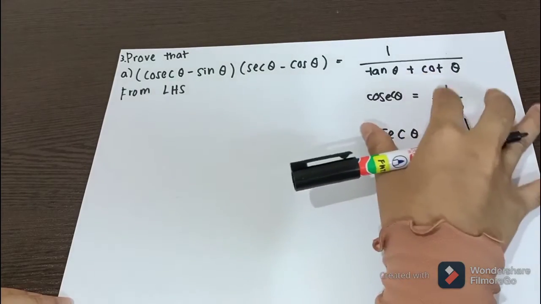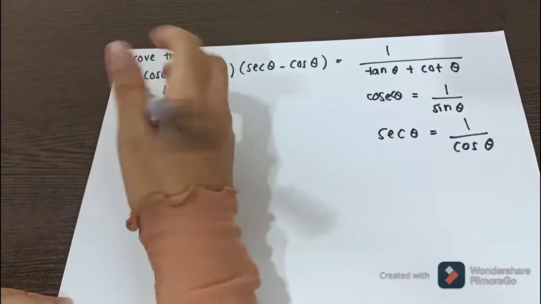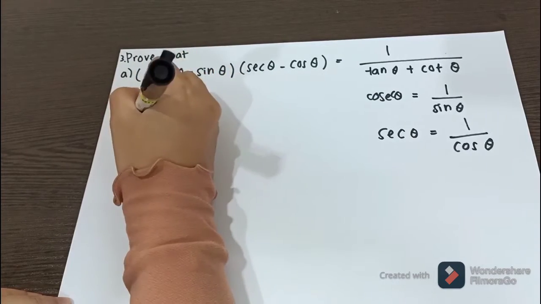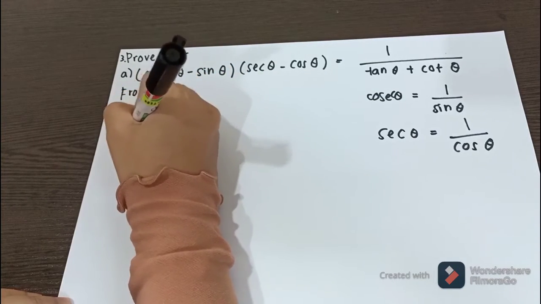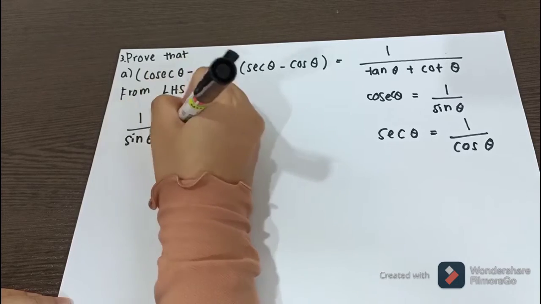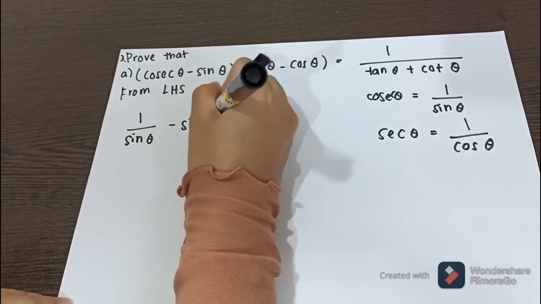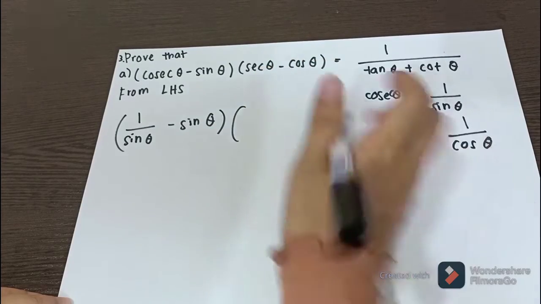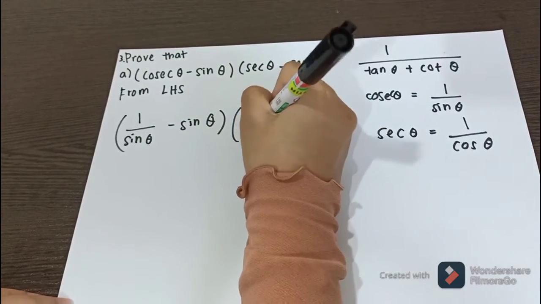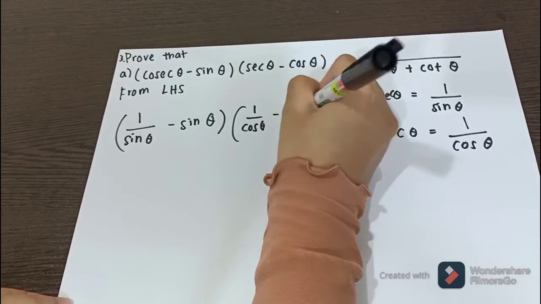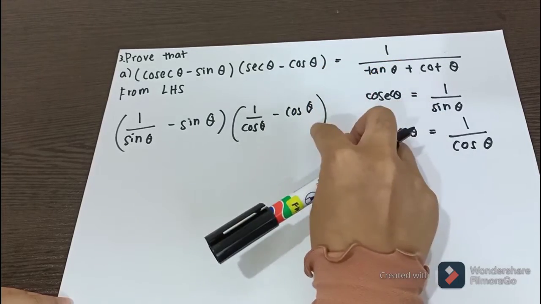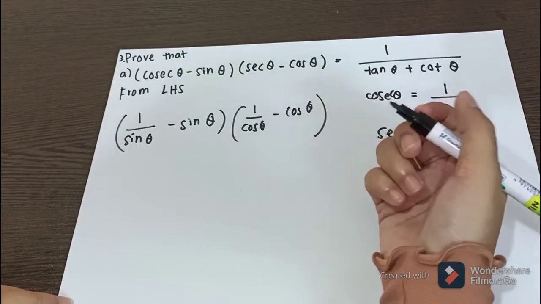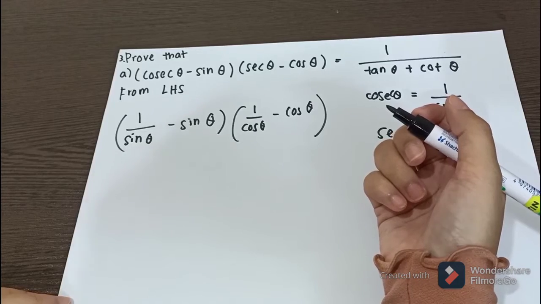From this, we substitute cosec theta as 1 over sin theta, minus sin theta, and sec theta as 1 over cos theta, minus cos theta. After we substitute, what is the next step that we can do, Nishavini?